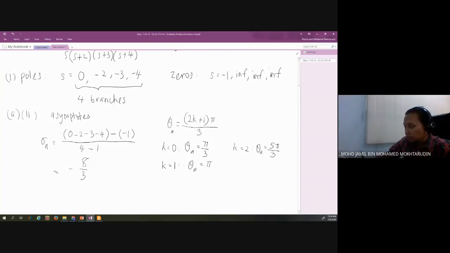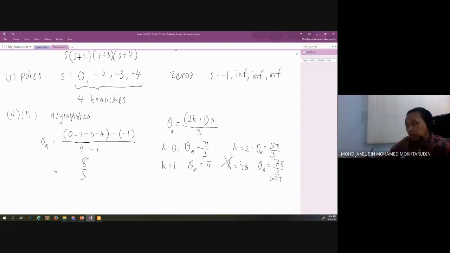But when you substitute k equals 3, theta A will be 7 pi over 3. This is more than 2 pi, so we don't want this value. Because it's bigger than 2 pi, you stop calculating the angle of asymptote.